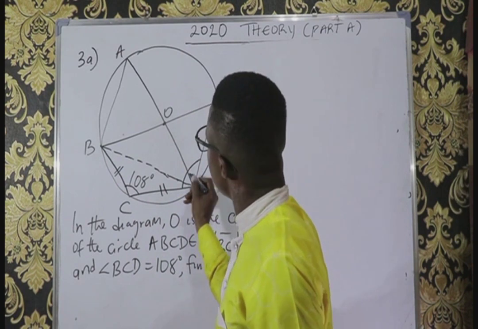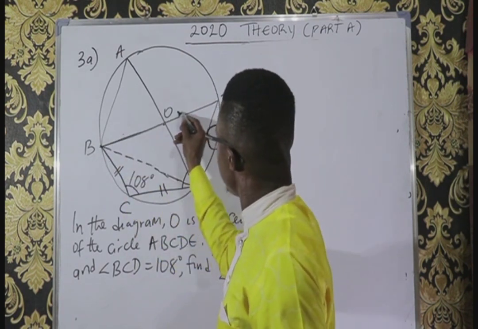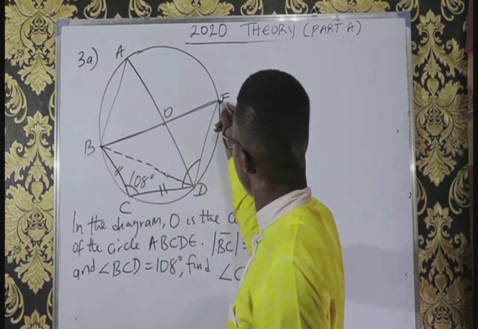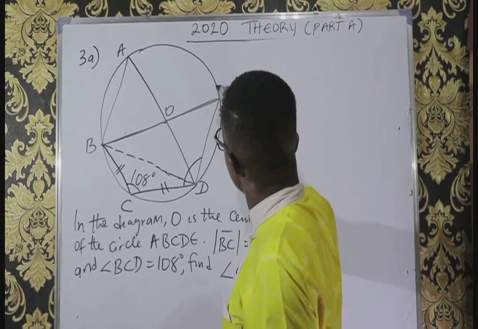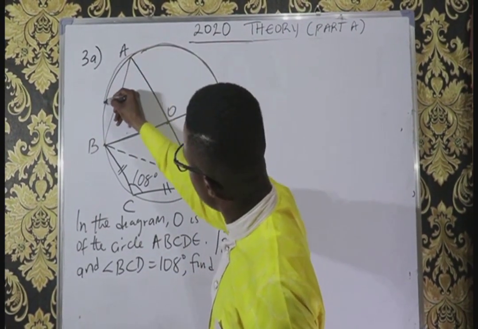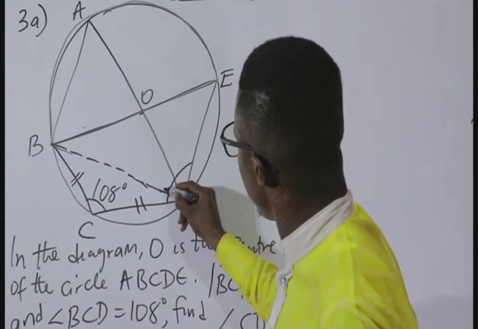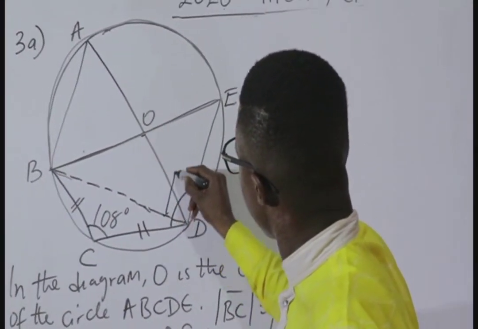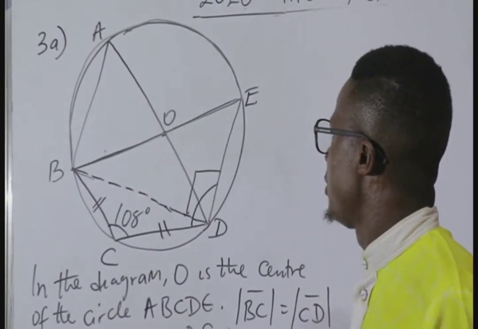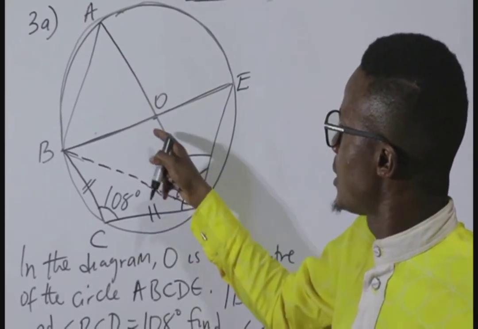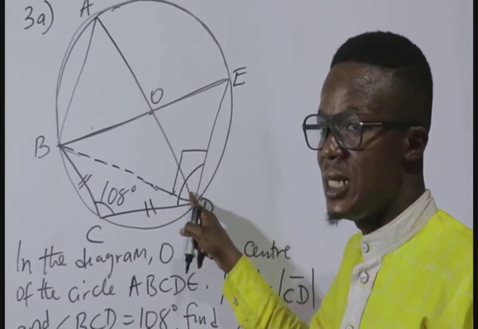If I join it, you can see that this is a diameter, since here is O, center, this is a diameter, and this arc, this particular arc here, is forming an angle at the circumference. Look at the angle is forming at the circumference, this particular angle. And you know that angle at a semicircle is 90 degrees.